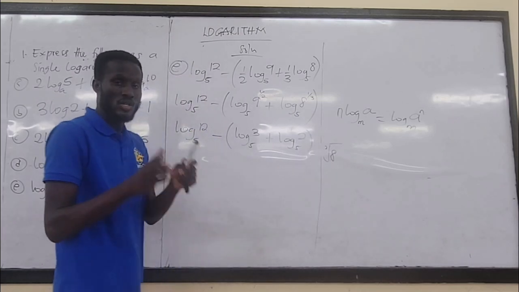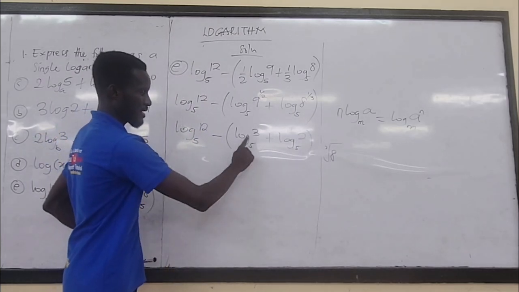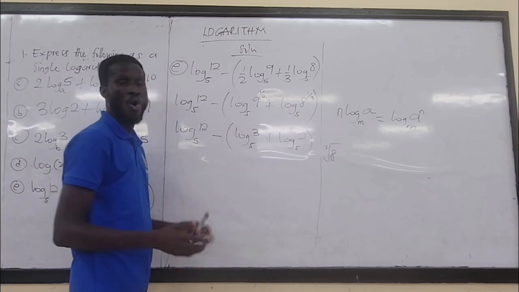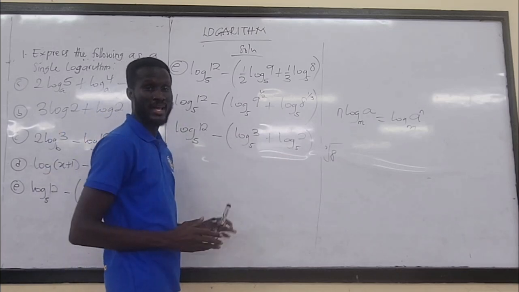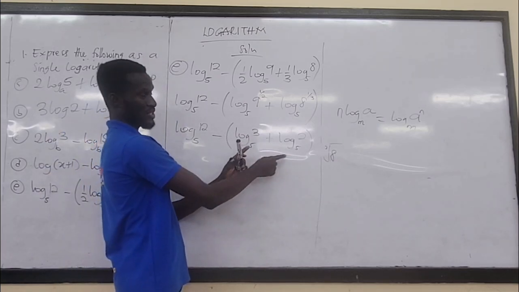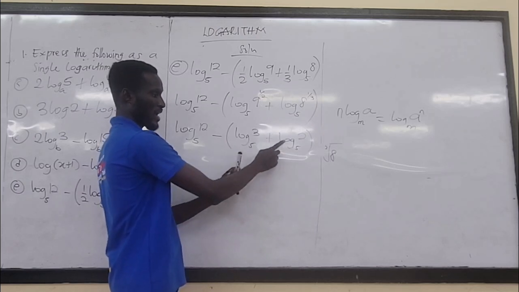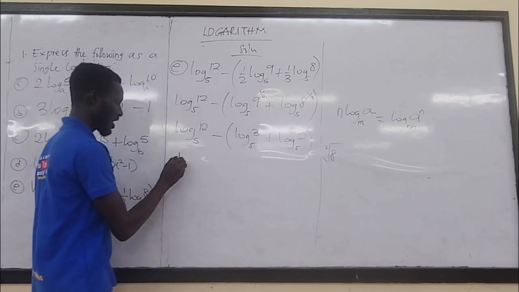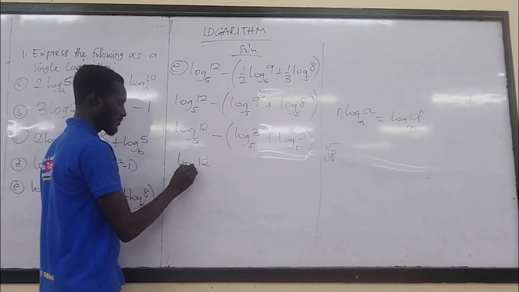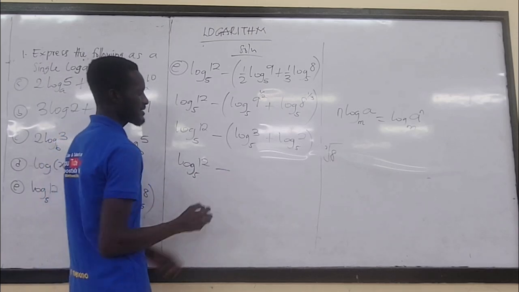Now at this point, it depends on how you want to solve. I can use the negative to expand the bracket, negative times this. Or I can deal with the bracket first: this one is multiplication, because they are adding, so I need to multiply. Let me do that one first. So I have log 12 base 5 minus this one.